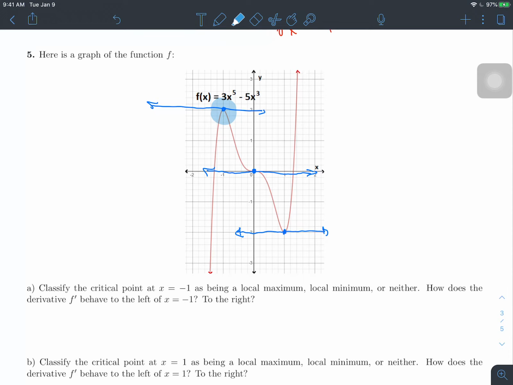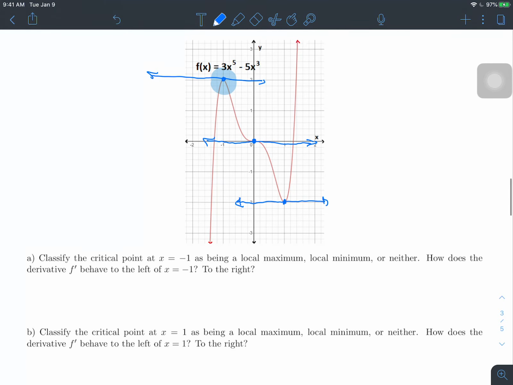If I was riding my roller coaster, that would be the highest part. We call that a local maximum. So, x equals -1 corresponds to a local max.